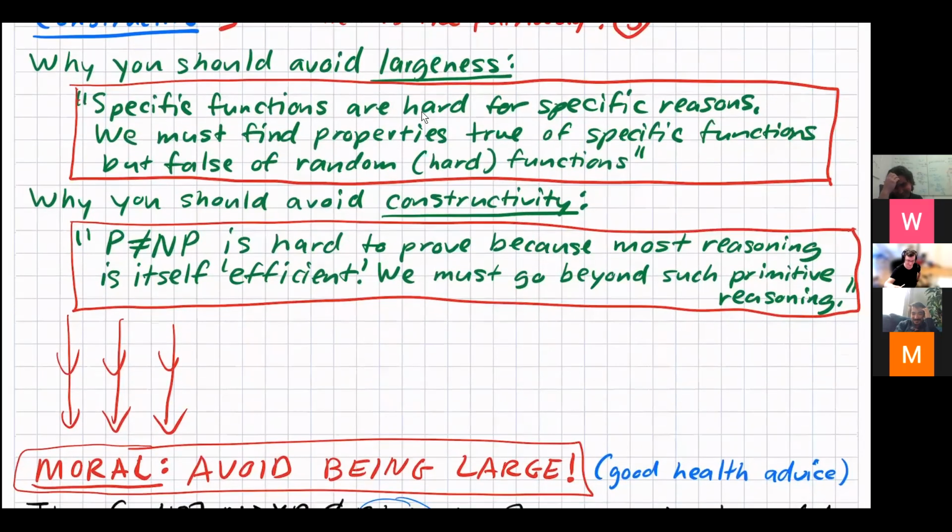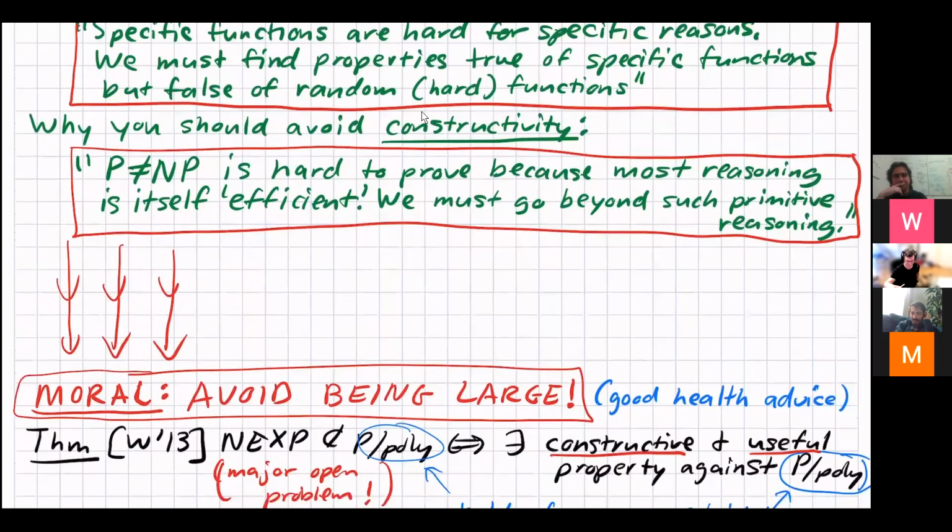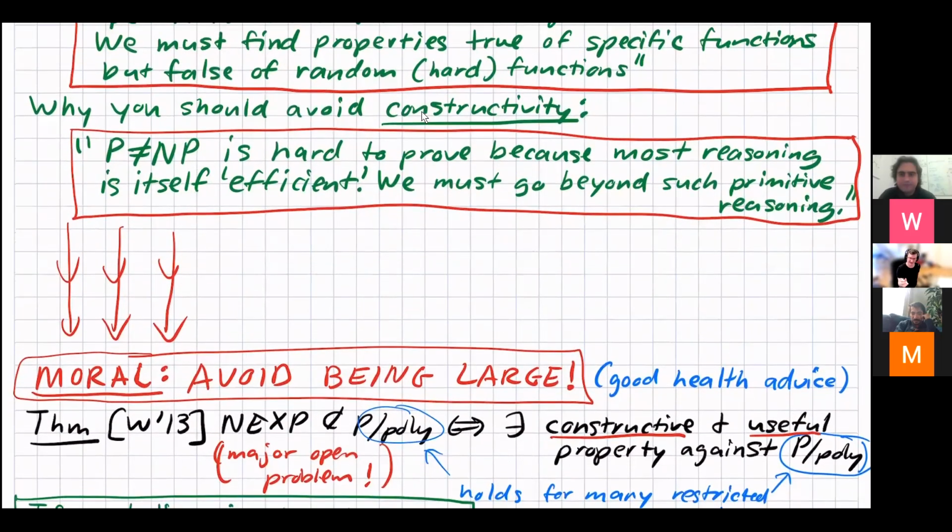But the big theorem here is kind of unexpected. Let's say we want to prove circuit lower bounds at all. If we're trying to prove P/poly lower bounds, we have to at least prove that nondeterministic exponential time is not in P/poly, which is still a major open problem. It turns out this condition is equivalent to there existing a constructive and useful property against P/poly.